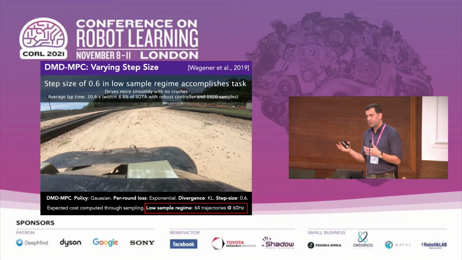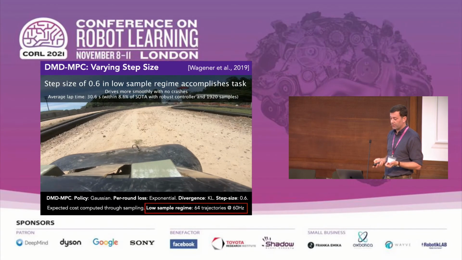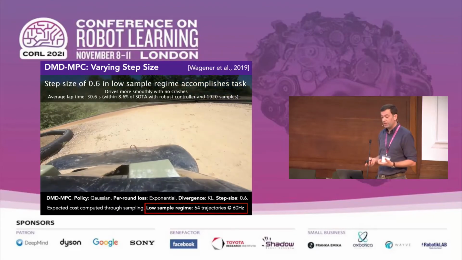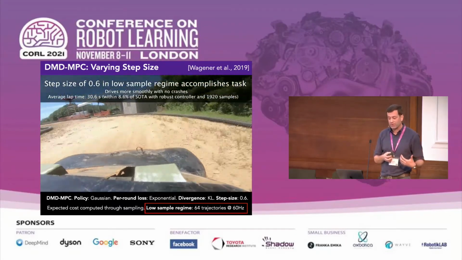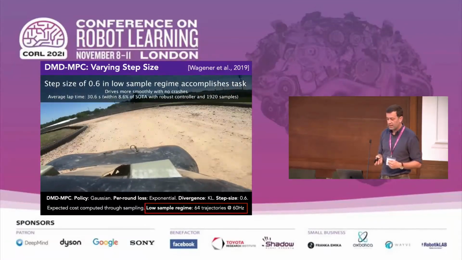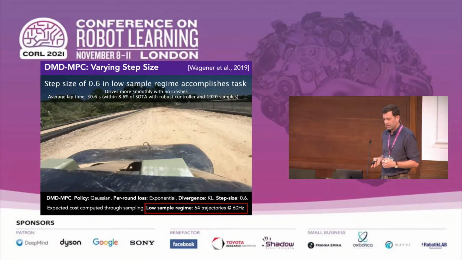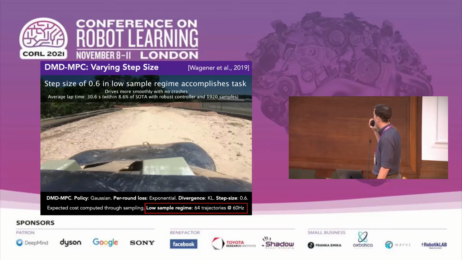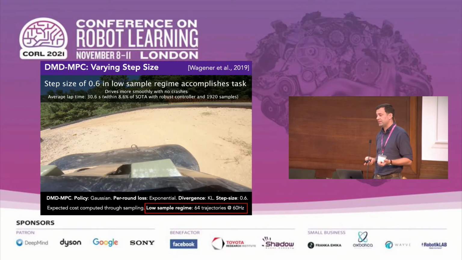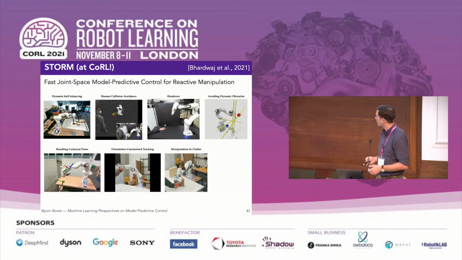So using insights from this dynamic mirror descent approach to MPC, we're able to better tune optimization and generate new algorithms. For example, we can generate a new variation on MPPI that can reduce the number of samples needed to control our car on a dirt track racing task by almost 2 orders of magnitude. So this is just using 64 samples it's rolling out instead of almost 2,000. And this allows us to use much less compute and scale MPC to higher dimensional problems.